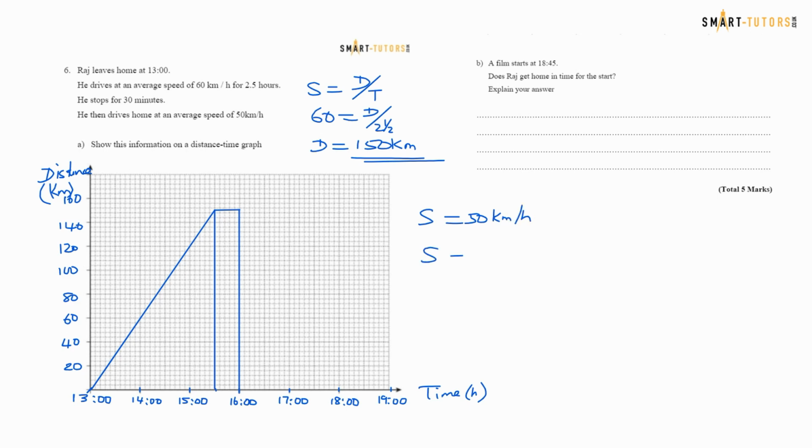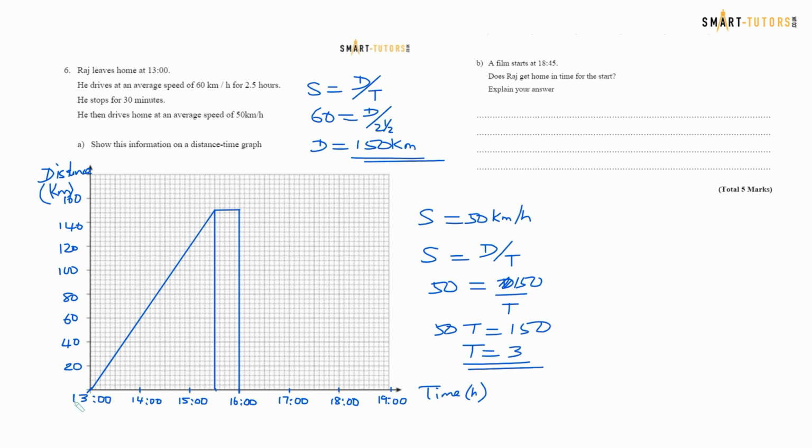So speed equals distance over time. So 50 equals distance over time, we don't know. So the distance we know, roughly 150. So 150 over time. So 50t equals 150. So t equals 3.